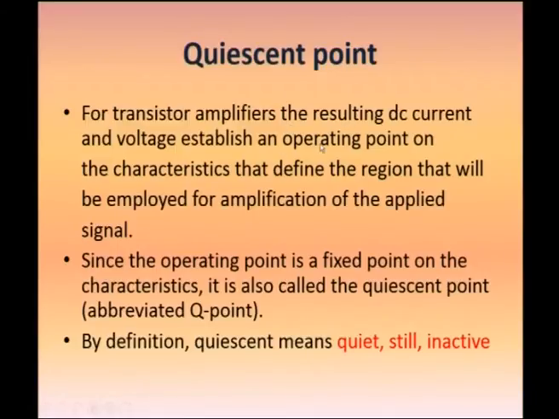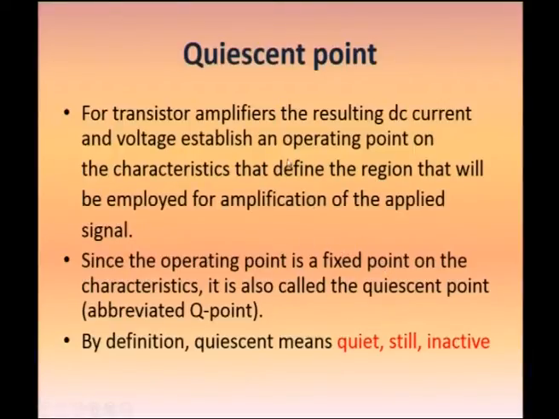In the output characteristics of the transistor, we have to find the Q point in the linear region in such a way that the transistor must produce the maximum excursions in the positive and the negative directions of the input signal without any loss.